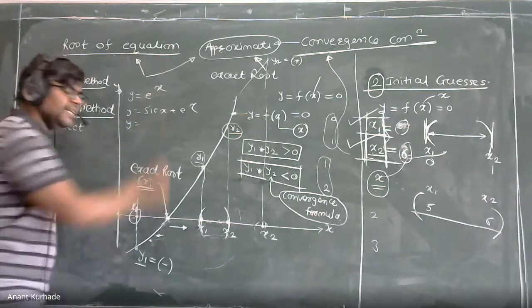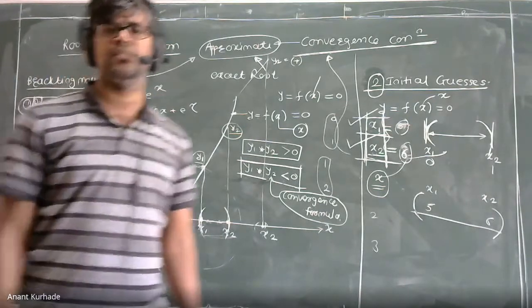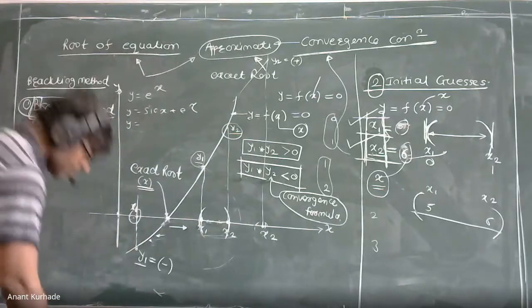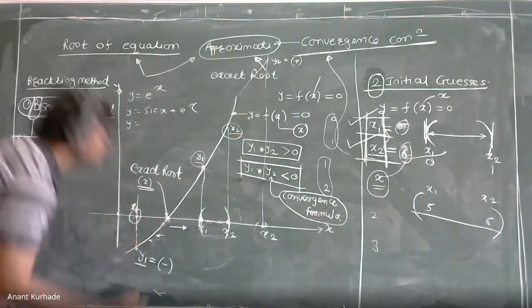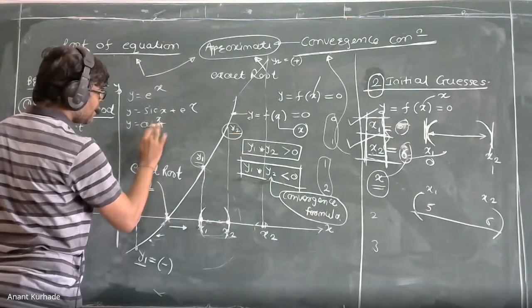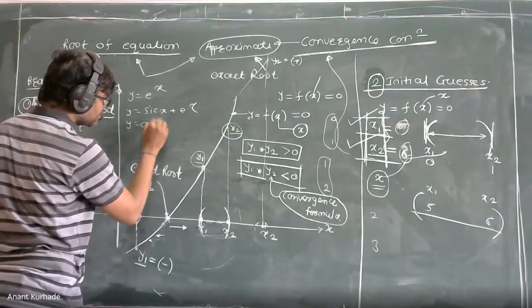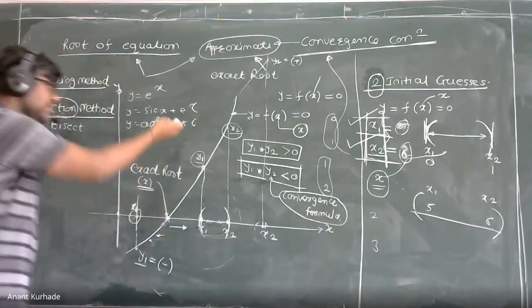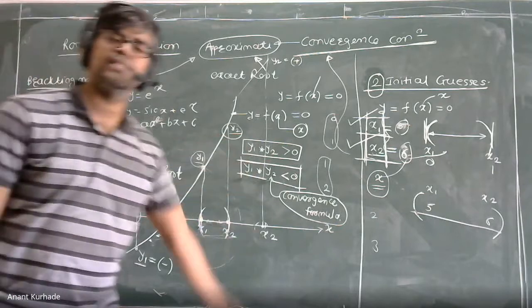Any logarithmic, trigonometric function, it is applicable. Any function. Again, y is equal to a x square plus b x plus c can also be solved by using this method. No problem.